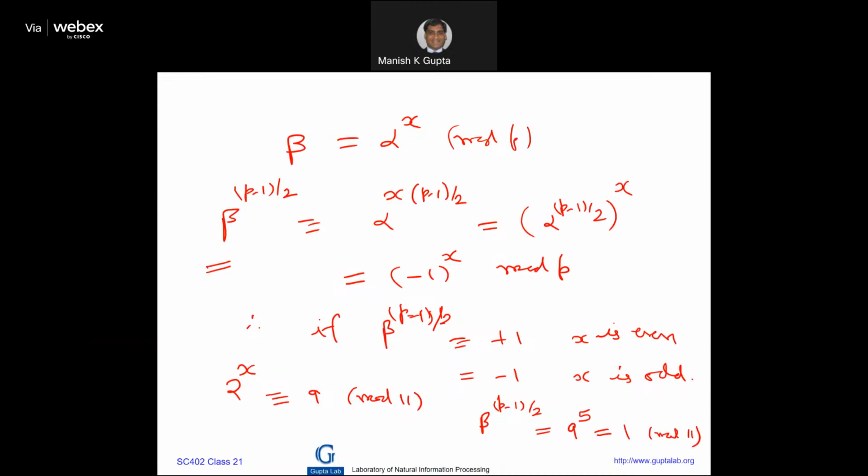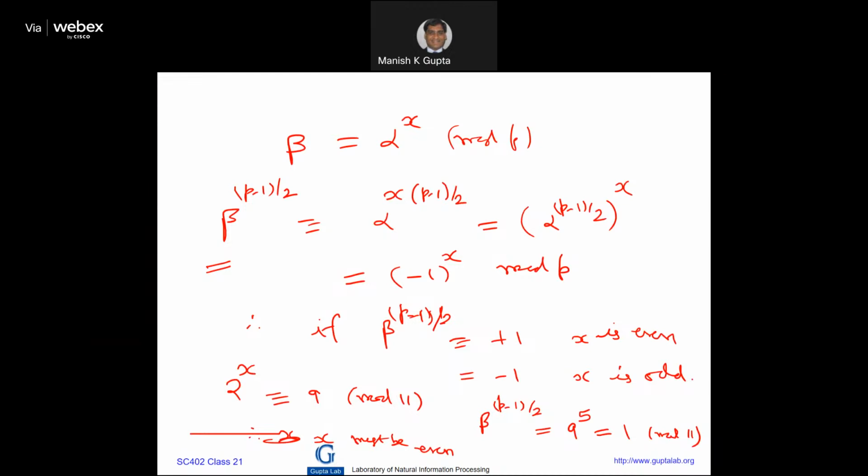I can compute this value, right? That means x must be even. So I can try x equal to 2, 4, and see which one will hit. You can see that x equal to 6 is going to do the job for us. Remember, we just saw this example. 2 raised to power 6 is congruent to 9 mod 11, right?